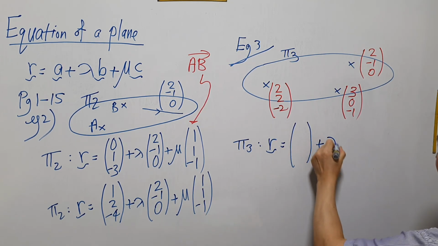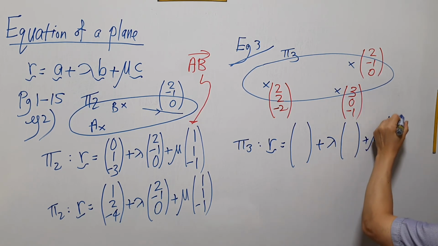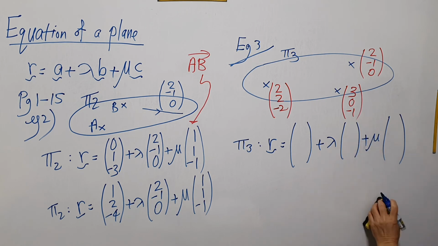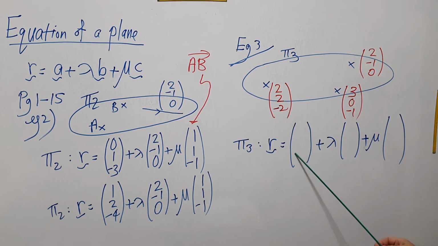Again, first vector, second vector, and then the third vector. Let me write carefully. Once again, the first vector represents a point on the plane. In this case, I have more choices. I could write this vector as this, or this, or this.